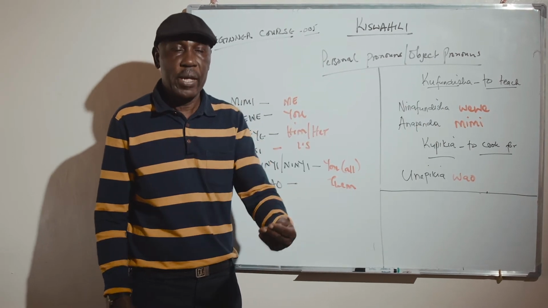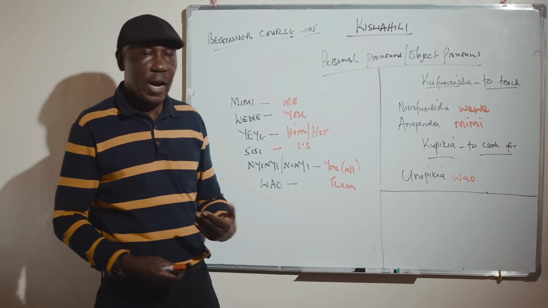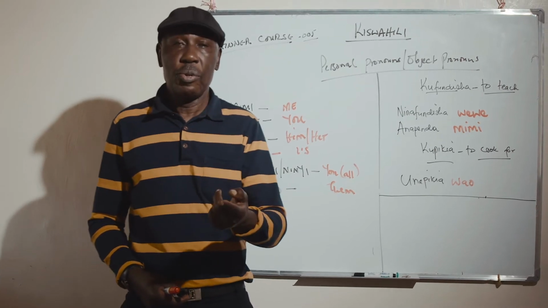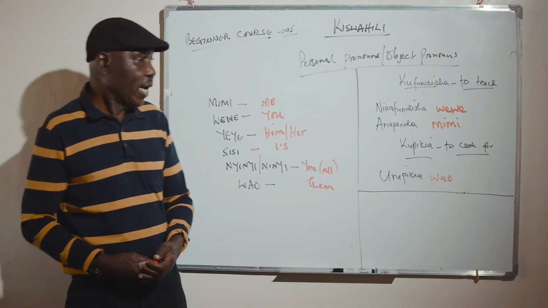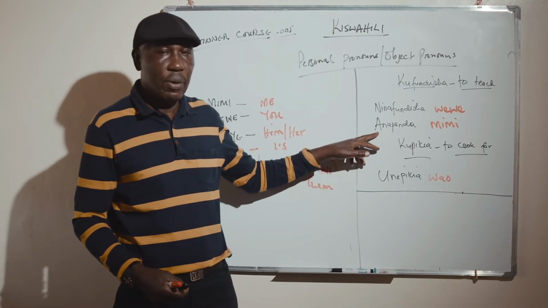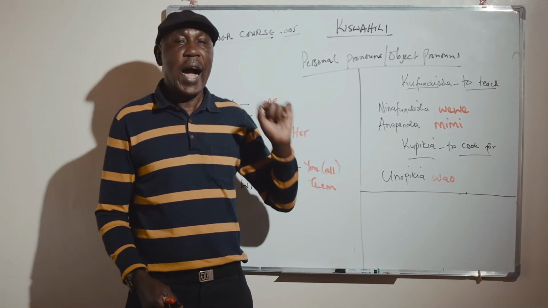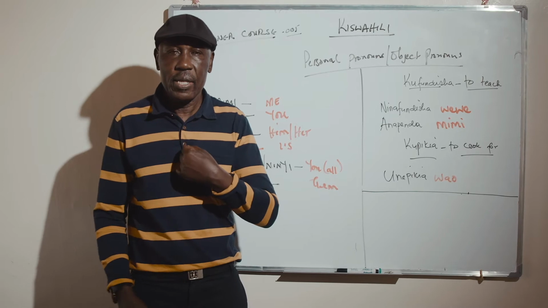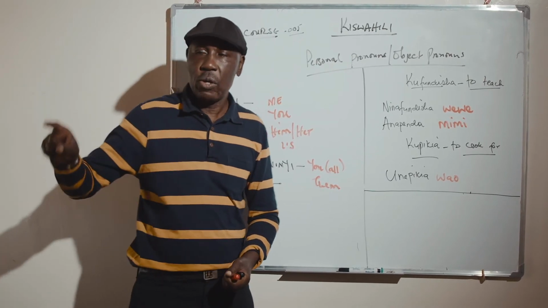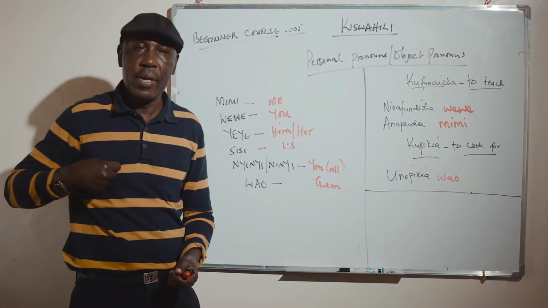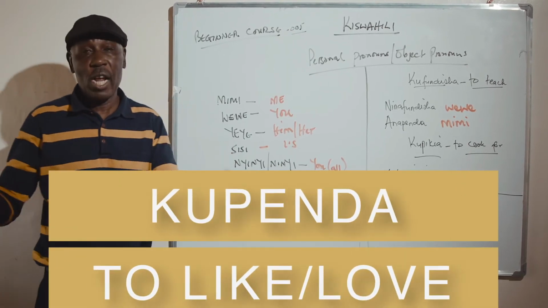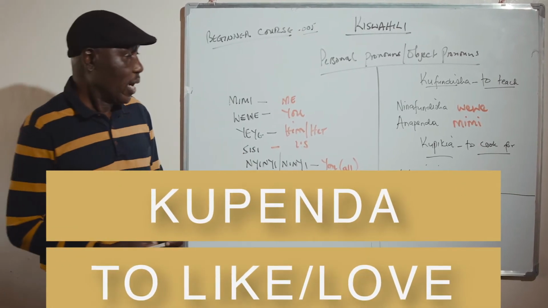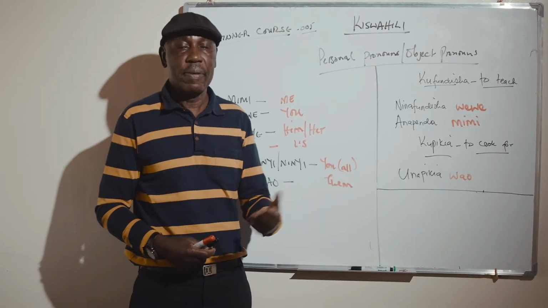Like, I'm teaching you. I can also have another example. I'll say, anapenda mimi. I'm speaking of that person. And I told you kupenda is to like or to love.